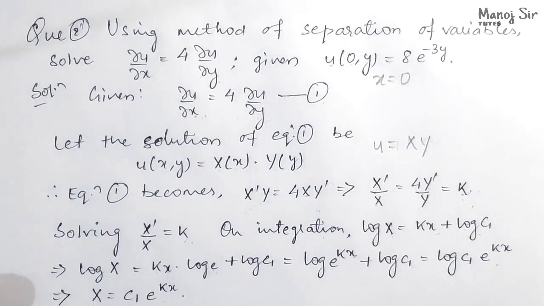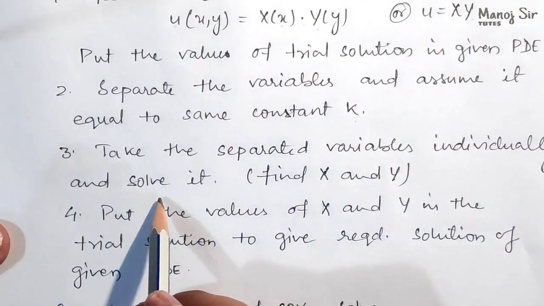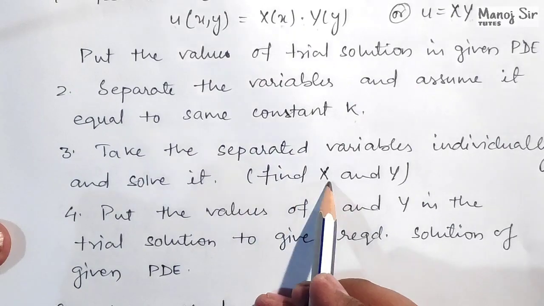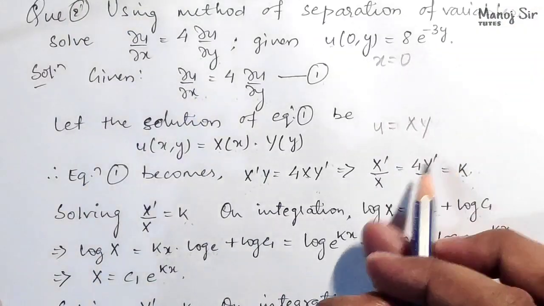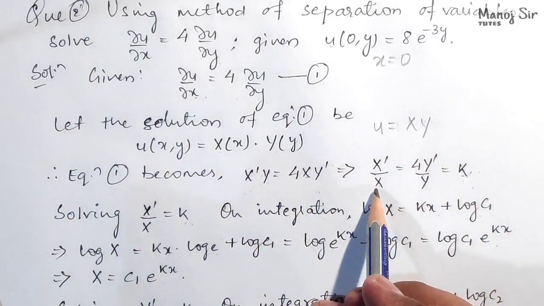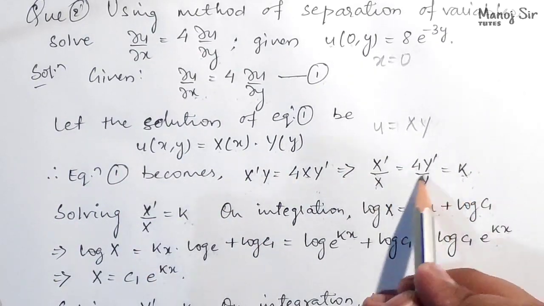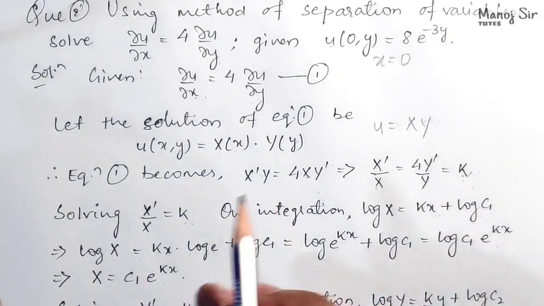Now take the separated variables individually and solve them so that we can find the values of X and Y. First we will take X dash upon X equals k and solve it to get the value of X. Then we will take the other part to find the value of Y. One by one we will solve.